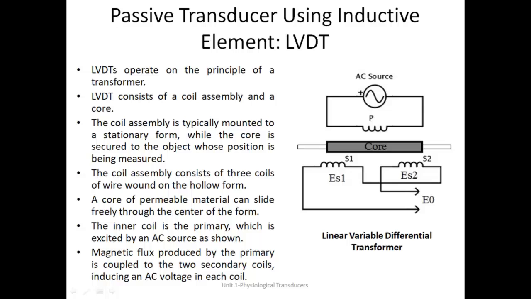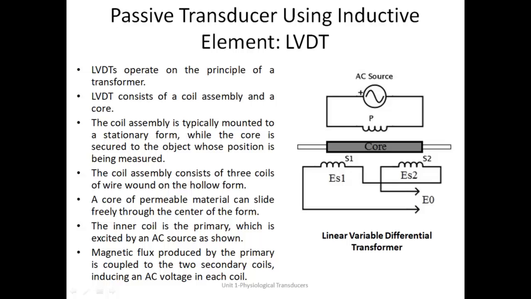That particular concept we are using over here: we have a primary coil connected to the source, and we have two secondary coils, and in between there is a magnetic core. When we supply current to the primary coil, due to mutual induction, there is a current developed in the secondary coils as well. In the nominal state, the connection is made in such a way that the potentials developed in secondary 1 and secondary 2 are connected in opposite polarity to each other.